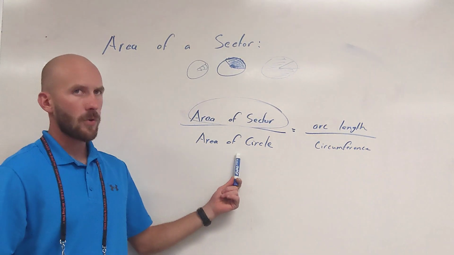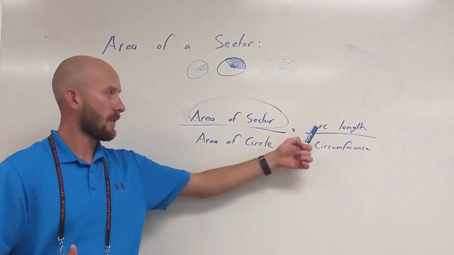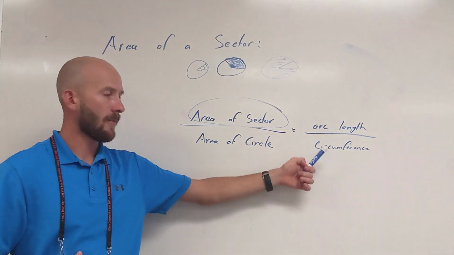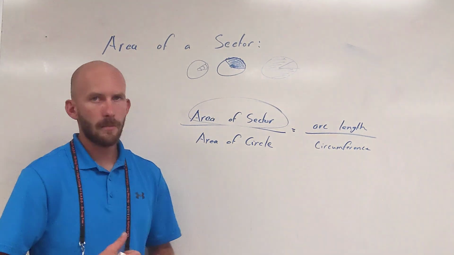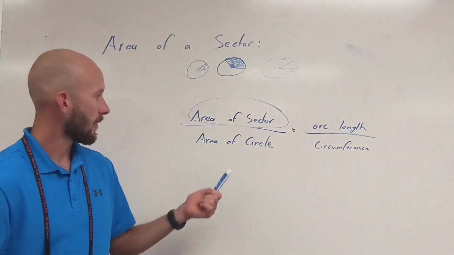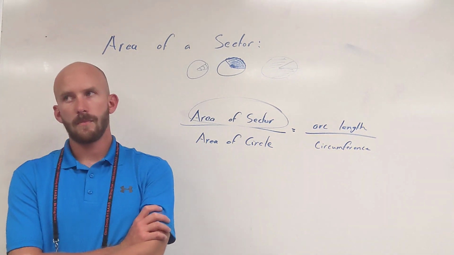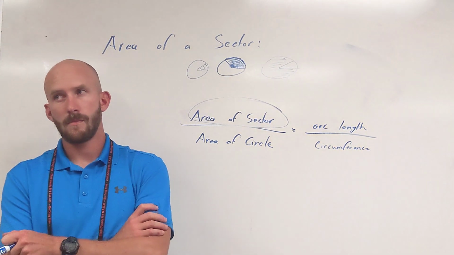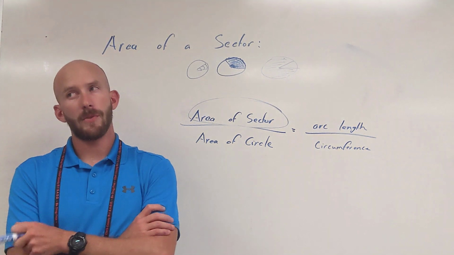So area of a circle, we should know how that works. Arc length we know, circumference we know. So can anybody tell me what the formula for the area of a circle is? Wasn't it A equals pi diameter? That's for circumference.